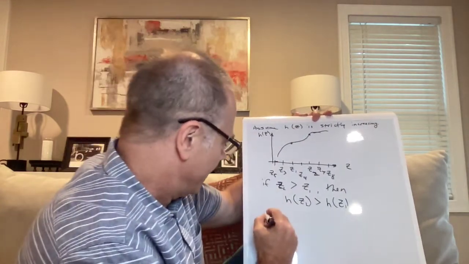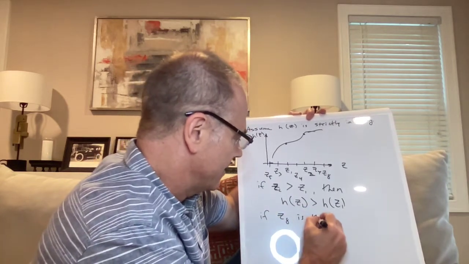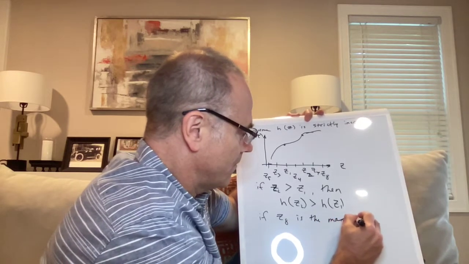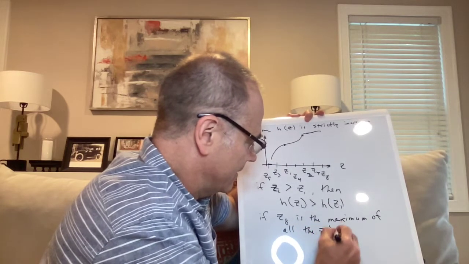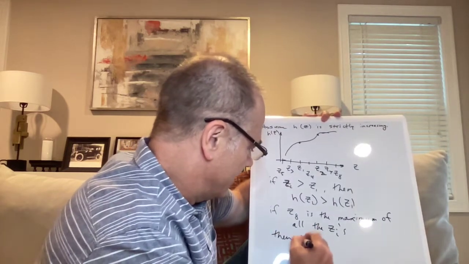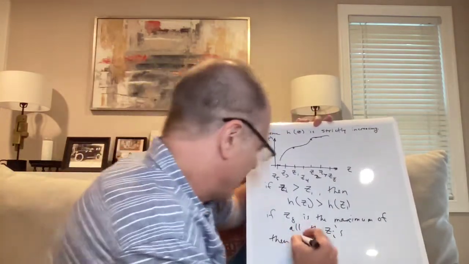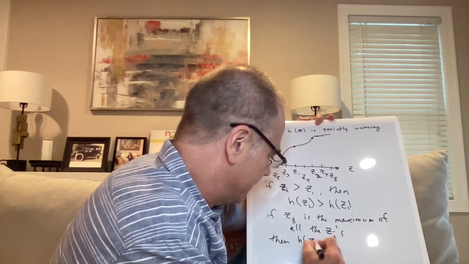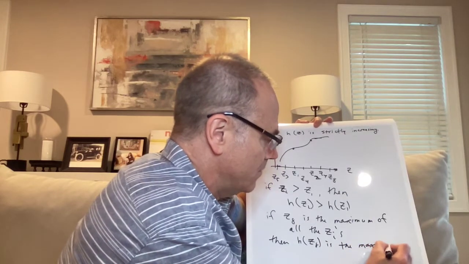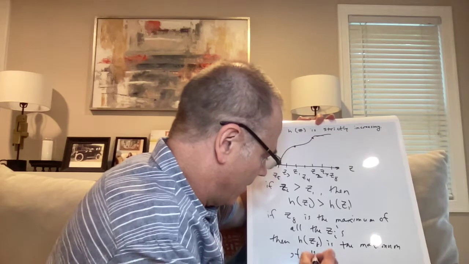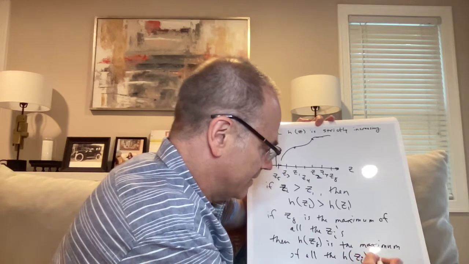If z8 is the maximum of all the zi's, then h of z8 is the maximum of all the h of zi's.